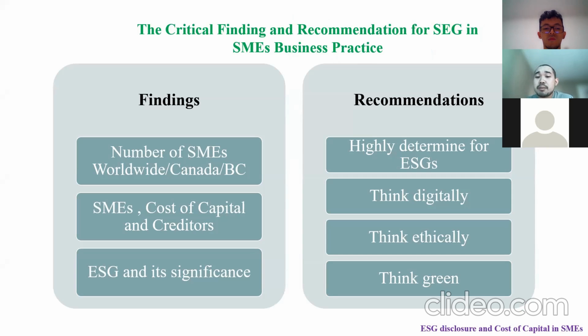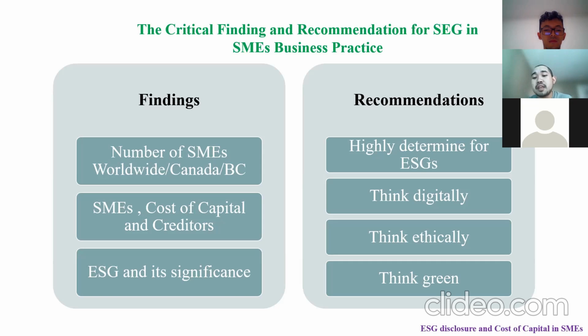The recommendation is highly determined by ESG, meaning they need to adopt the mindset of ESG and try to understand that. Second of all, think digitally and adopt technology. If you want to sustain, you should adopt technology. Think ethically, like David said, governance, anti-corruption policy, try to adopt that, and bring diversity to the SME.